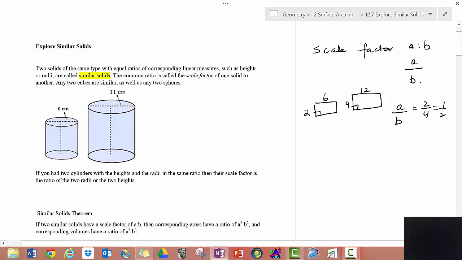And if you see, 6 over 12 is 1/2. So all linear measures are in the same ratio. In the case of solids, there's a three-dimensional aspect to it.